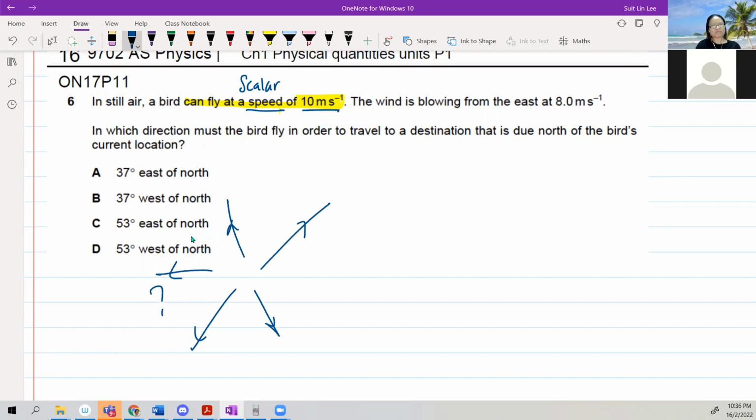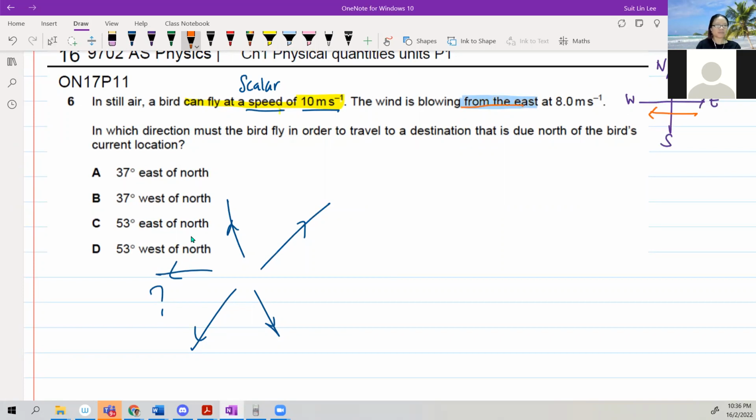The wind is blowing from the east. So from the east is an indication of direction. As I've said before, this is north, this is east, this is south, this is west. If it's from the east, that means the wind is blowing in this direction.